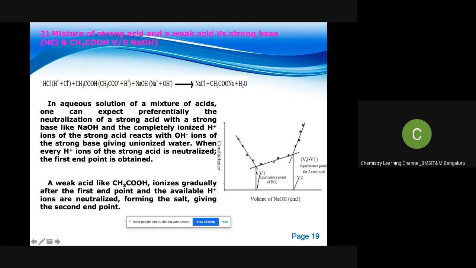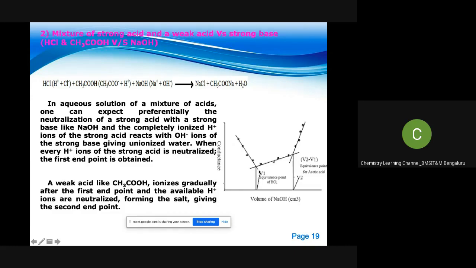And once all the HCl is neutralized, this is the point where all the HCl is neutralized. Now acetic acid will come into the picture. Now acetic acid will start neutralizing. So when acetic acid reacts with NaOH, the formation of a salt takes place, which is a strong electrolyte. So the conductivity value will go on increasing due to the formation of sodium acetate, a strong electrolyte, a salt.